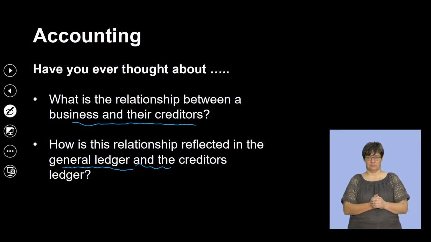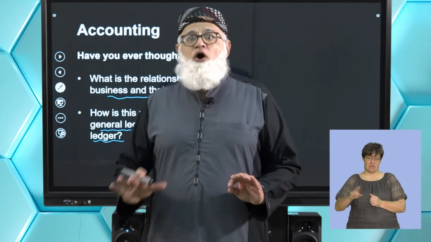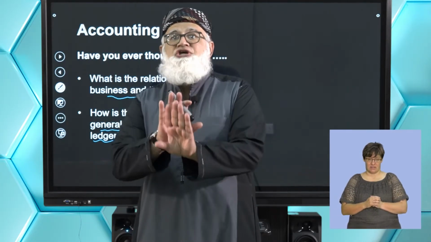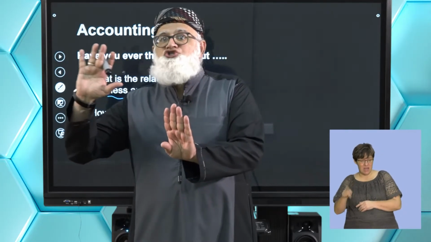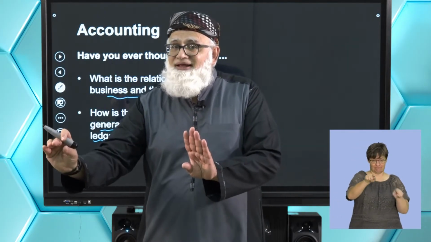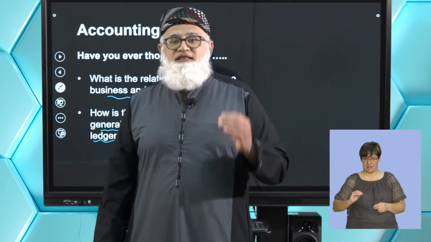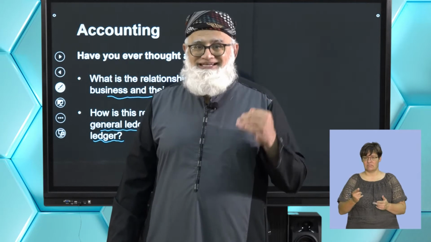Now, you also have to make an entry in your creditors ledger. Obviously, there's a distinction here. You've got your general ledger subjected to the double entry, but you also make a single entry in the respective subsidiary ledger.